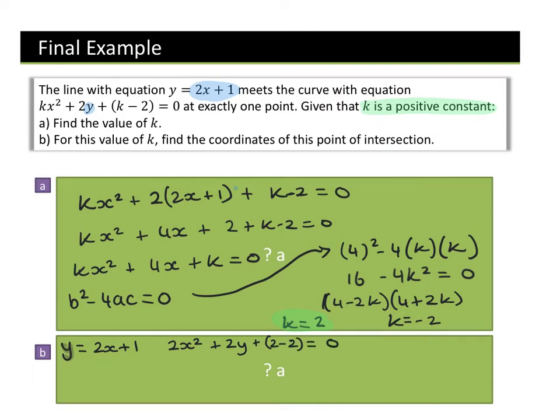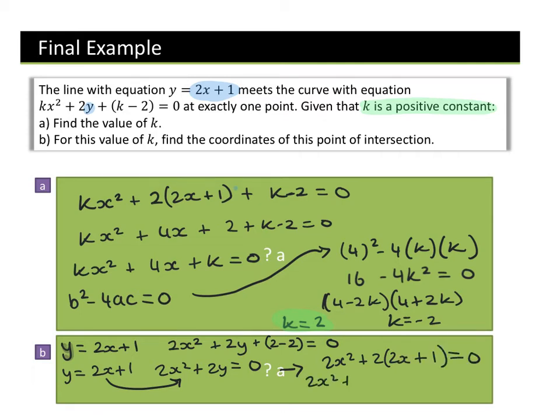But that's going to cancel, isn't it? I substitute it back in. So y equals 2x plus 1, and then we're going to get 2x squared plus 2y equals 0. Substitute this one into here. Going to get 2x squared plus 2 lots of 2x plus 1. So I'm going to get 2x squared plus 4x plus 2 equals 0.